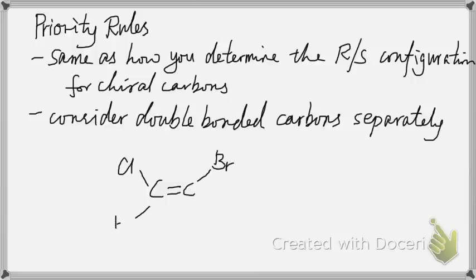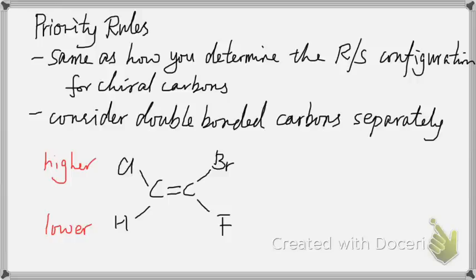So let's see the first example. Consider the double-bonded carbons separately. On the left side, what's attached to the double-bonded carbon are chlorine and hydrogen. Chlorine has higher atomic number, so the chlorine side is higher and the hydrogen side is lower.